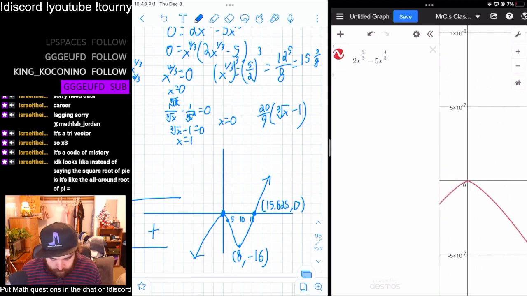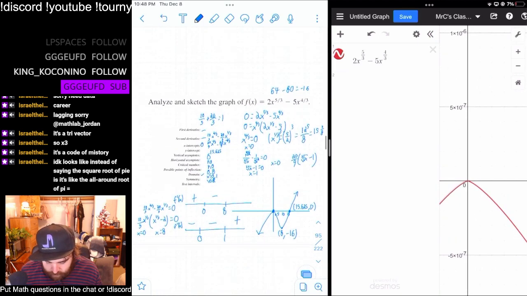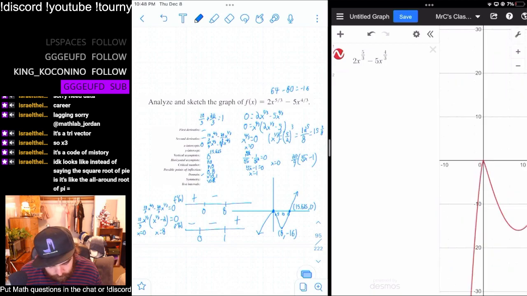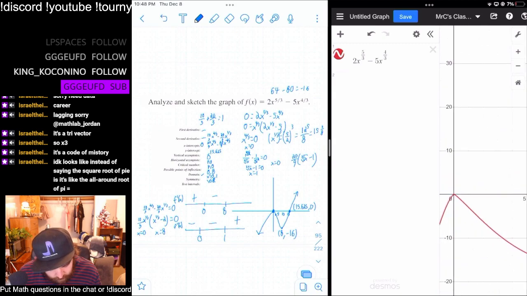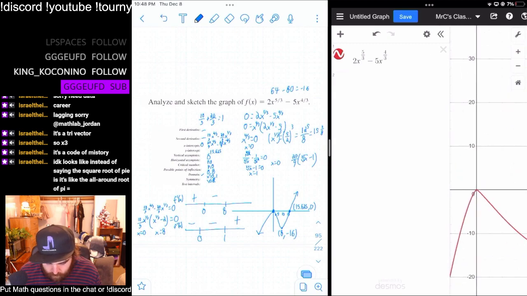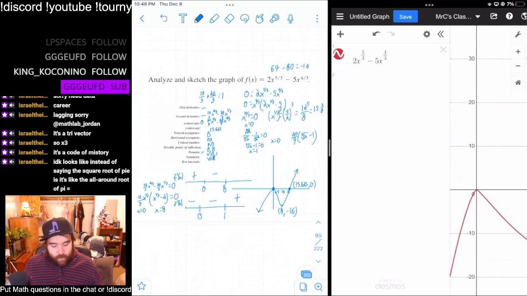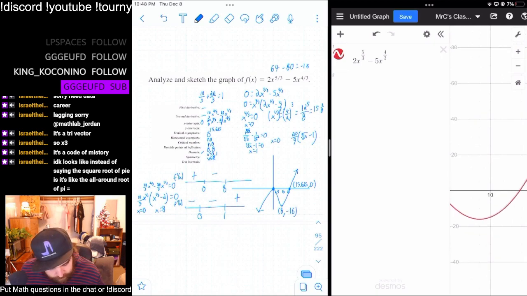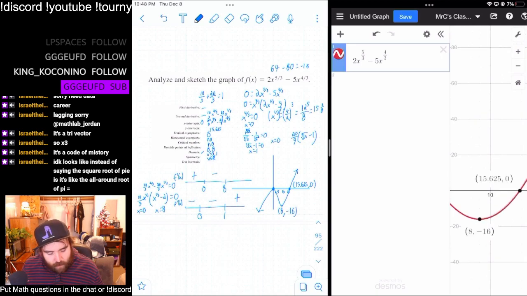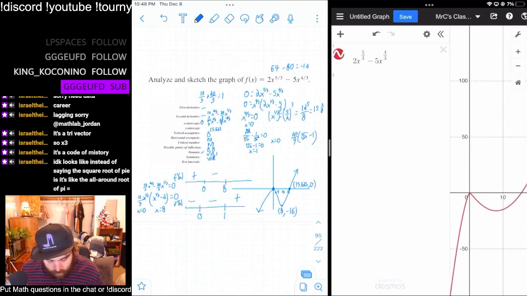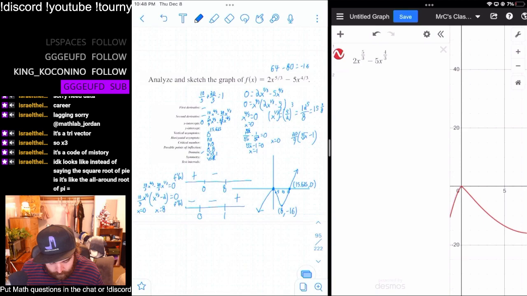Yeah, that's still a curve, because our derivative was never undefined. We never get a sharp corner. So that's still a curve. And that's exactly what we drew. So we make sure we've got this minimum down here we said at 8, negative 16. And then 15.625, 0. Beautiful. Yeah, we got it right on.